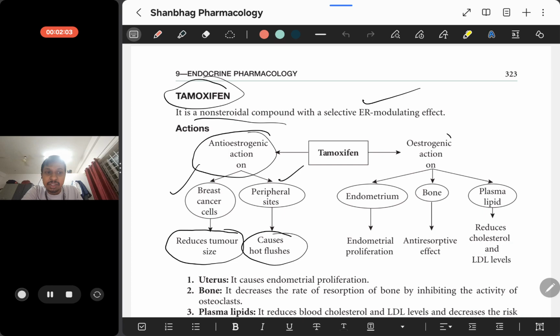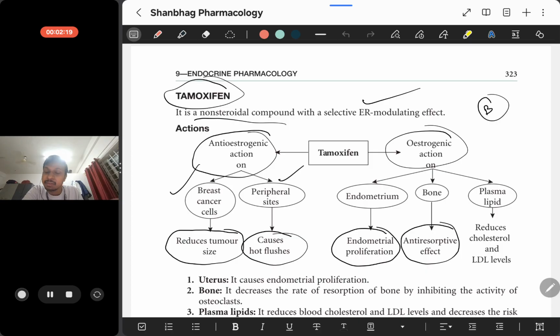Then coming to the estrogenic action, estrogen basically acts on the endometrium. On the endometrium, it causes endometrial proliferation. On the bone, it causes an anti-resorptive effect. Usually bone resorption will be there, but when we give tamoxifen, there will be anti-resorption.